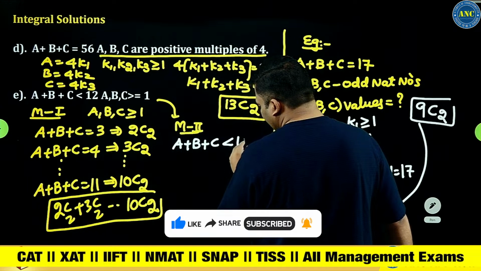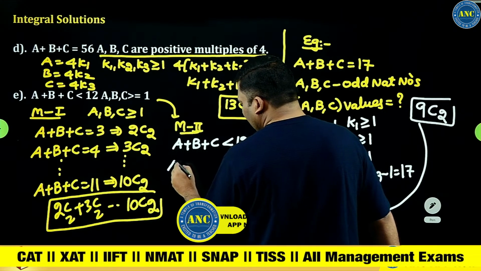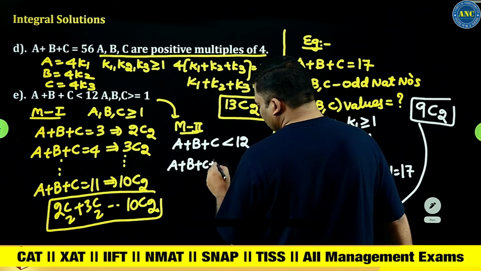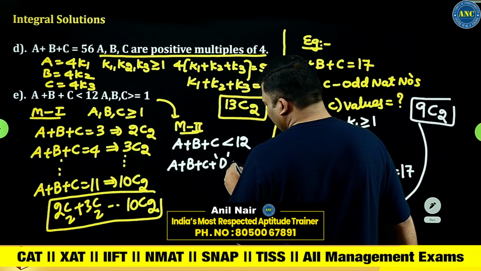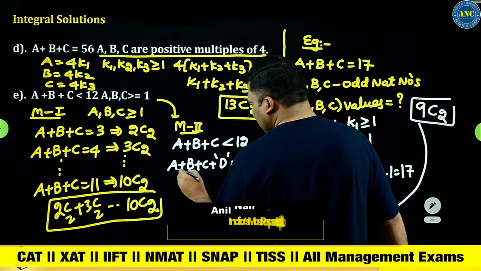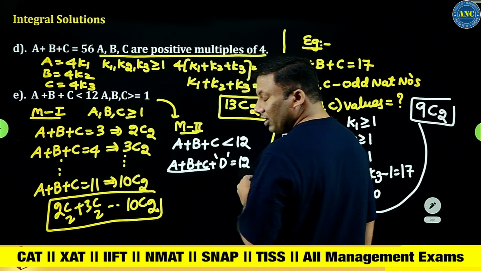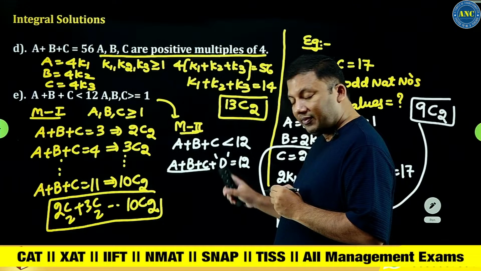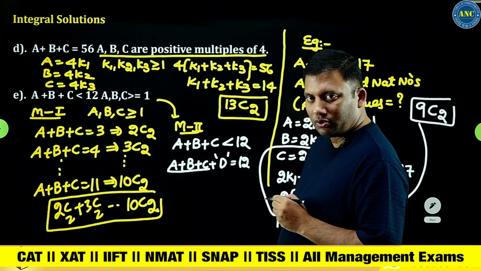A plus B plus C is less than 12. If A plus B plus C is 11, adding 1 gives 12. If this is 10, the D value will be 2, since 10 plus 2 is 12.